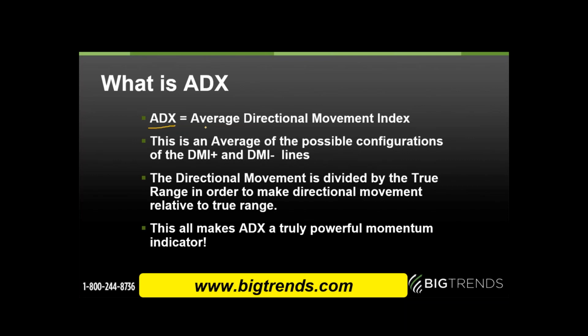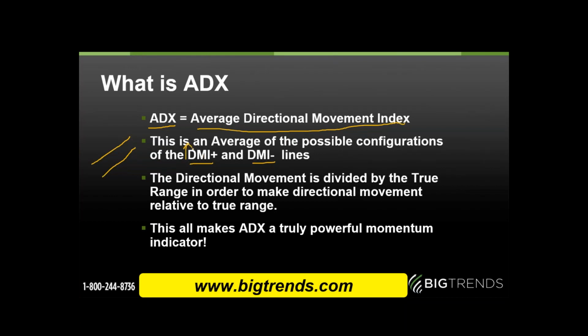So now ADX, the average directional movement, this was developed by Wells Wilder. It was the same guy who developed the relative strength index, or RSI, that a lot of people like as an overbought, oversold oscillator. What Wilder was looking at there is that the DMI plus and minus lines basically show you if we're getting DMI plus going up, that's a set of new highs, DMI minus going down.